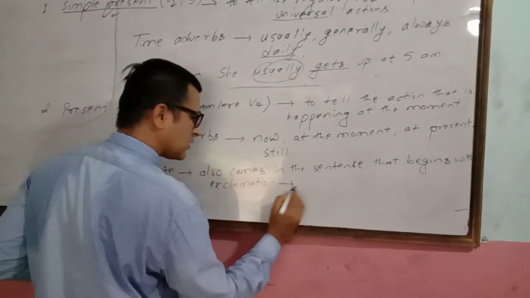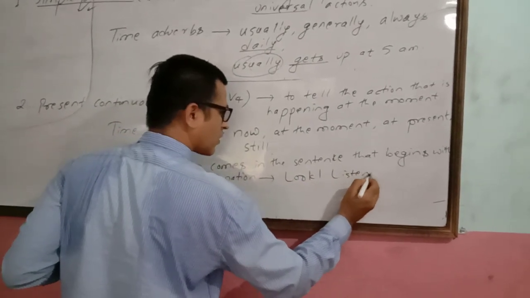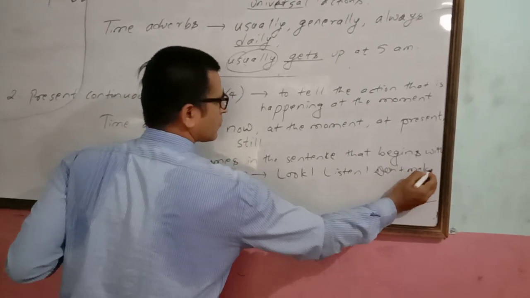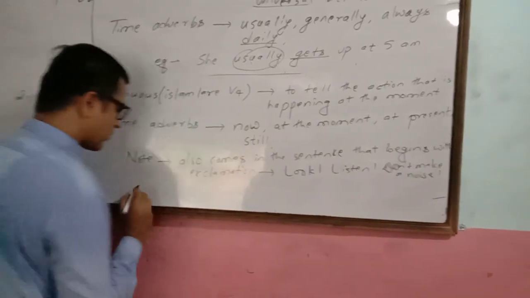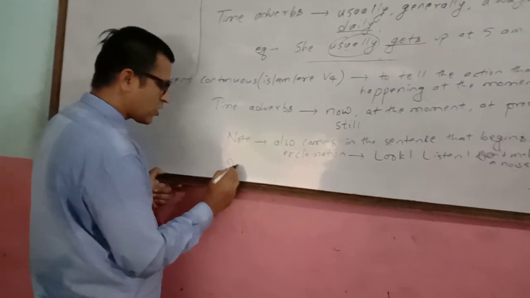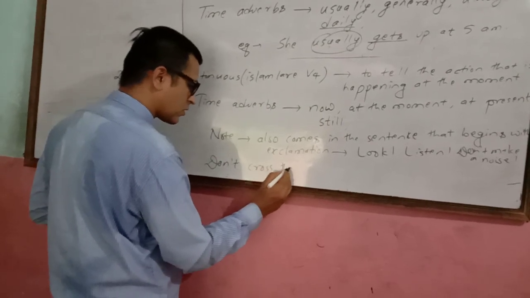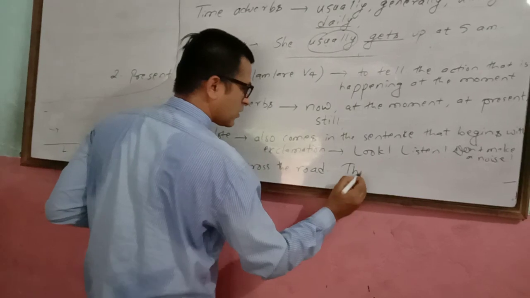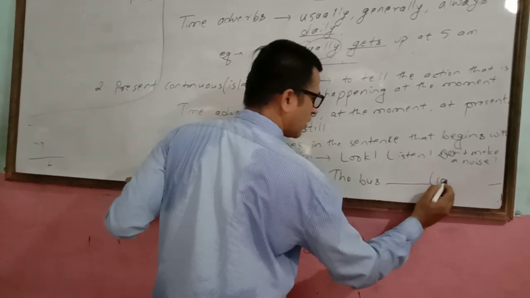For example, look, listen, don't make a noise. For example, don't cross the road. Don't cross the road. The bus, look at that, C-O-M-E, come.